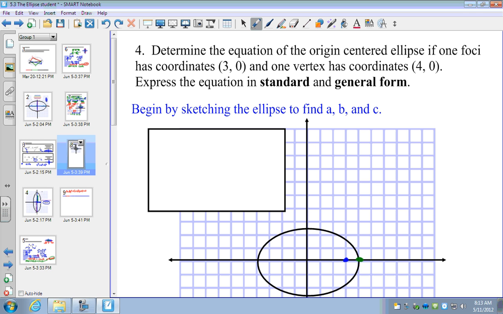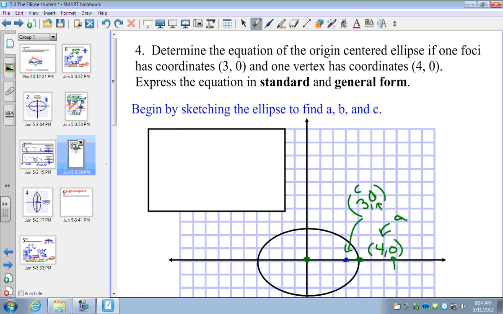So here is my vertex at (4, 0). I know that this length is going to be a. I know that this length right here from my focus, which was at (3, 0), is going to give me c. And I know that the center is going to be at 0, because it already gave me that y coordinate.